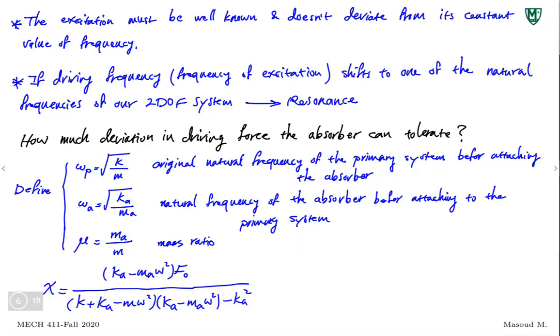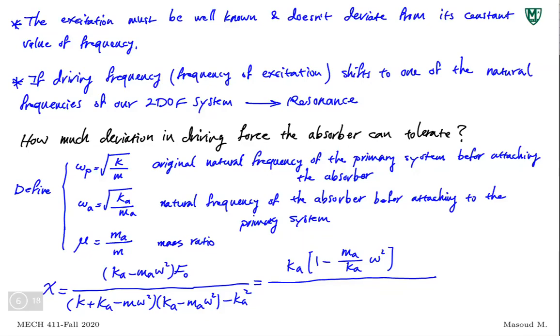Here's what I'm going to do, a little bit of moving things around. Let's write this in this way. I'm going to take 1 Ka out of the numerator. That becomes 1 minus ma over Ka omega squared. And from the denominator, I'm going to take 1 Ka and 1 K out.